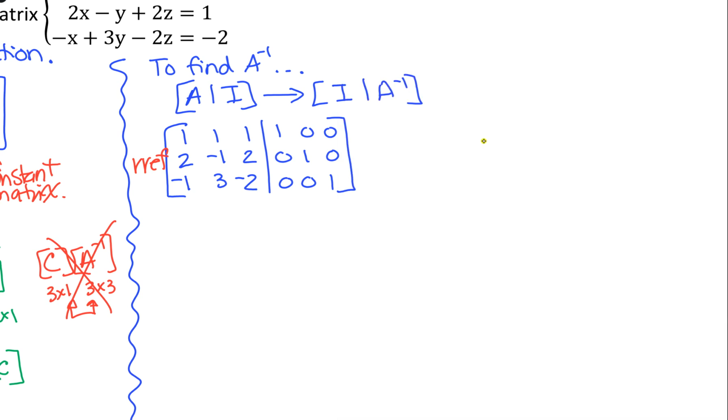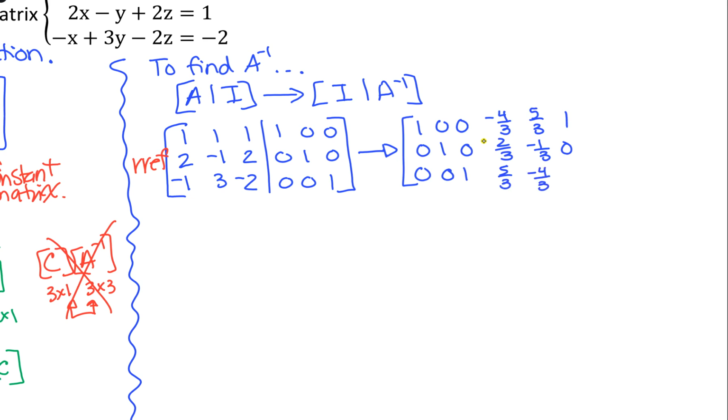So what we have now from our calculator, that gave us this 1, 0, 0, then negative 4/3, 5/3, 1, 0, 1, 0, 2/3, negative 1/3, 0, then 0, 0, 1, 5/3, negative 4/3, negative 1. There's my augmenting line, even though my calculator doesn't show it. So that means that this now is my inverse because we converted it to identity on the left, right?